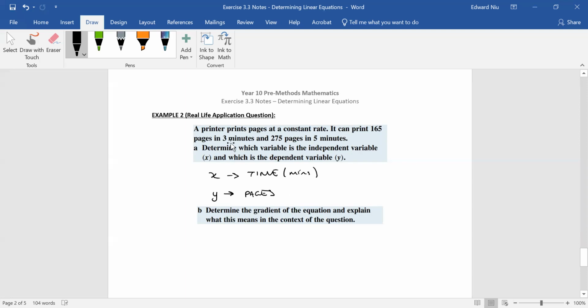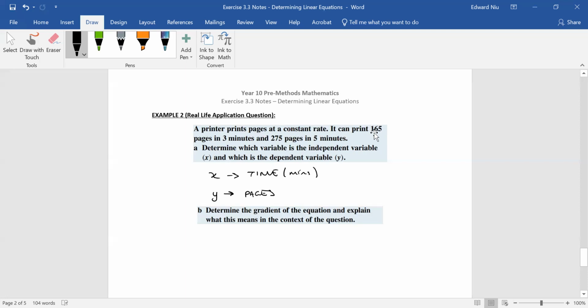So if we reread the question, a printer prints pages at a constant rate, meaning it's a linear relationship because it's constant. It can print 165 pages in 3 minutes and 275 in 5. What we need to think is, what's the difference between 275 and 165?